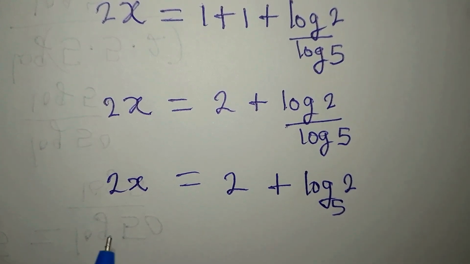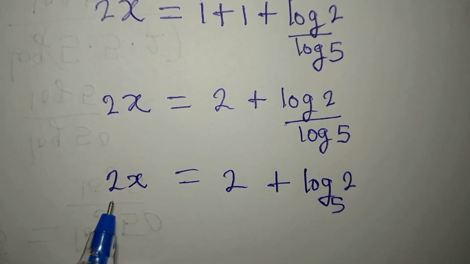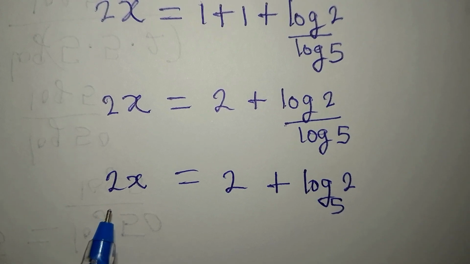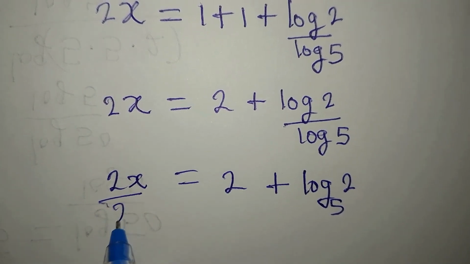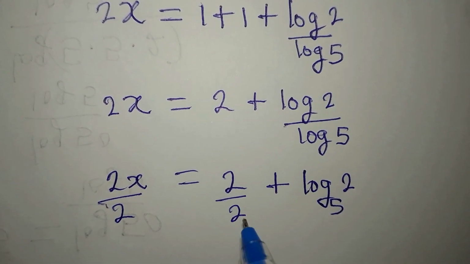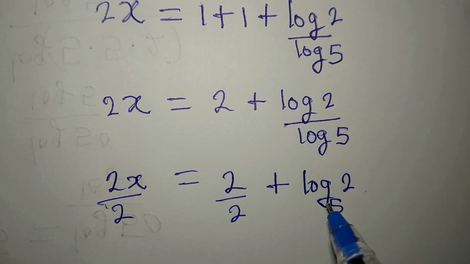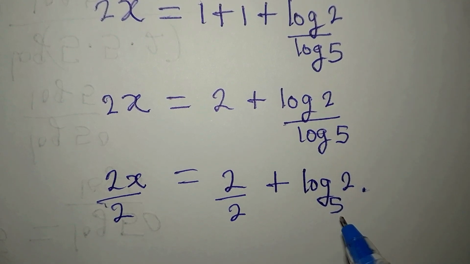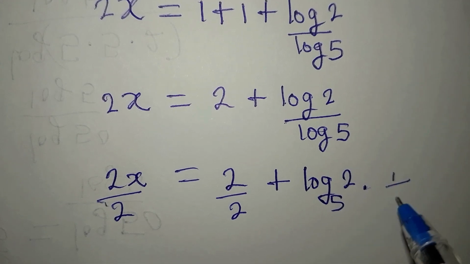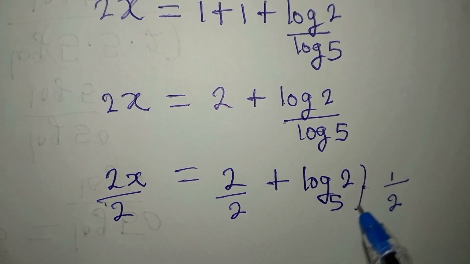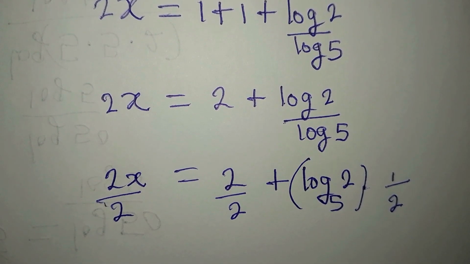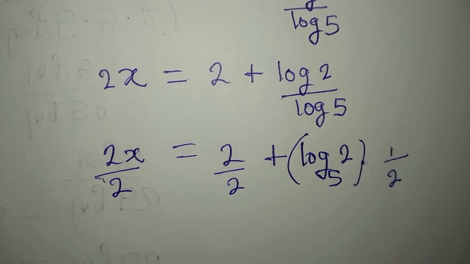But we're not looking for 2x, we are looking for x. So we divide this by 2, this by 2, and this by 2. When dividing log 2 to base 5 by 2, you multiply it by 1 over 2, meaning that we are dividing it by 2.